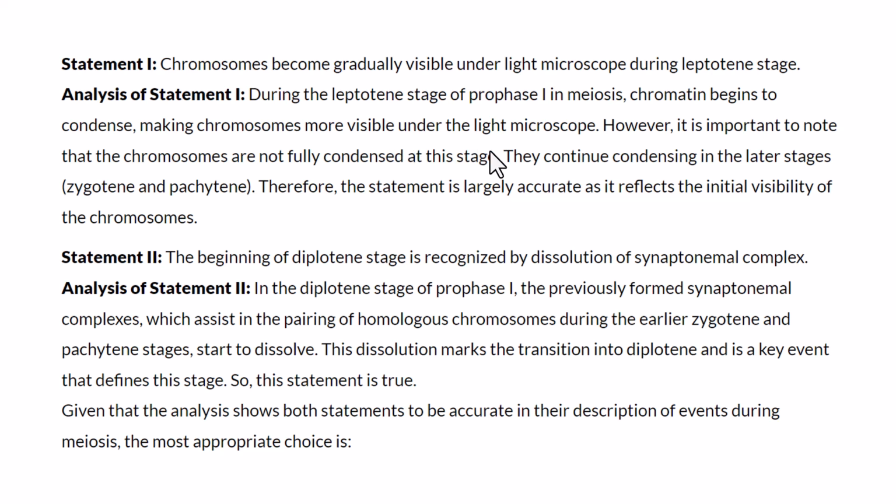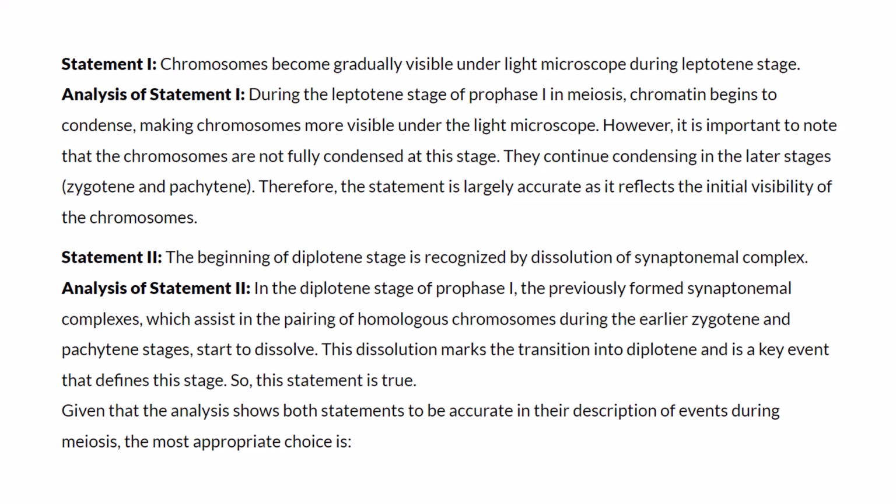However, the chromosomes are not fully condensed at this stage and they continue condensing in the later stages like zygotene and pachytene. Therefore, the statement is largely accurate as it reflects the initial visibility of the chromosomes.